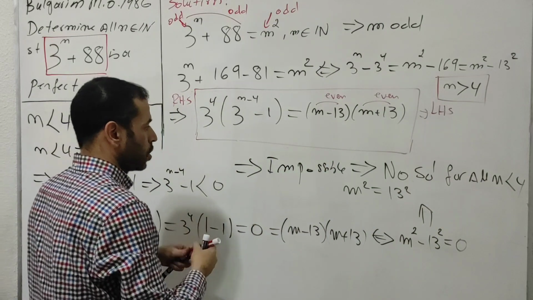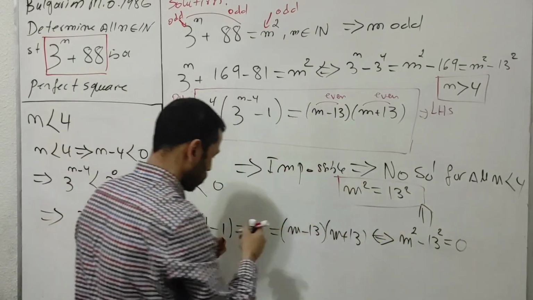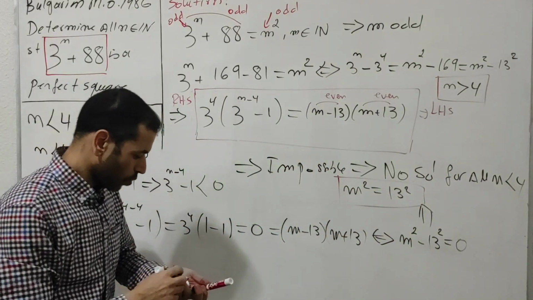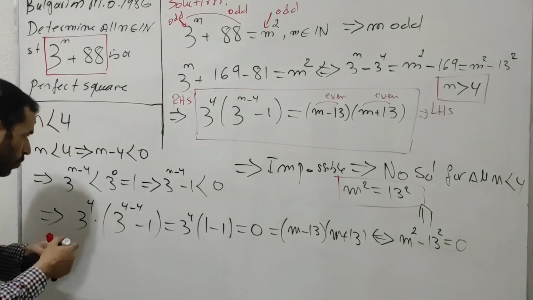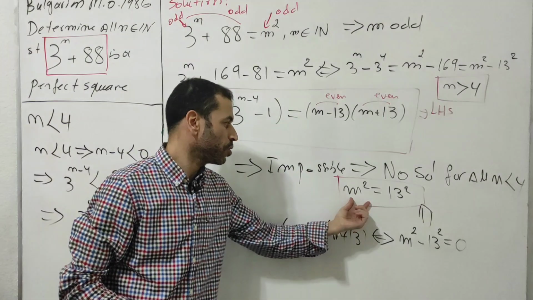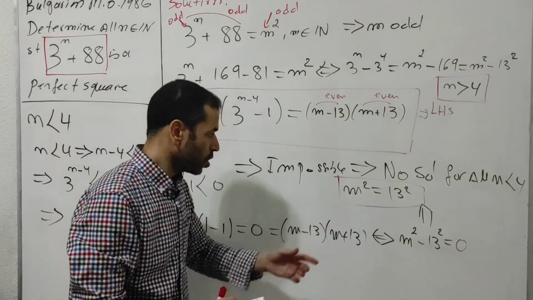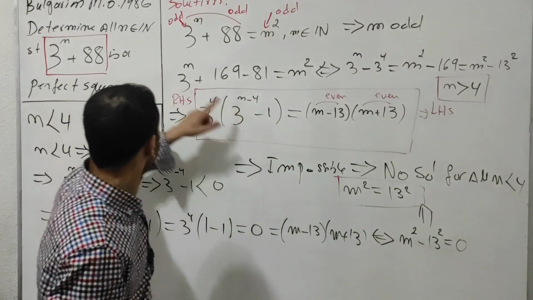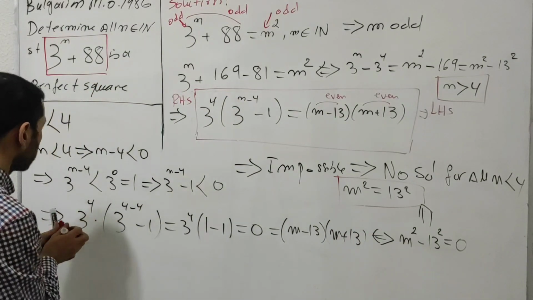Okay, now we found a perfect square. So we found the only solution of this equation, n equal to 4, is giving us a perfect square here. I'm going to plug this info into the expression to see what it gives us.